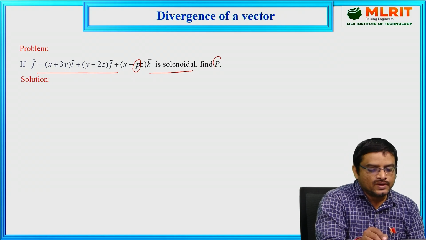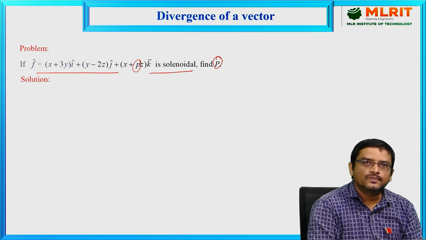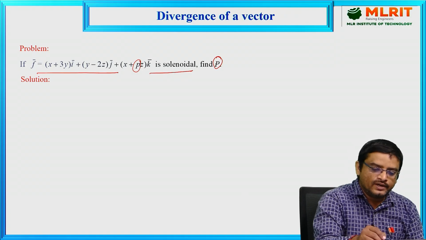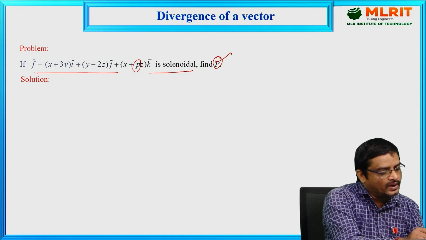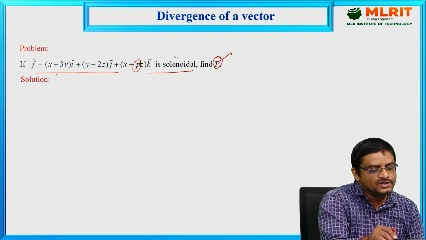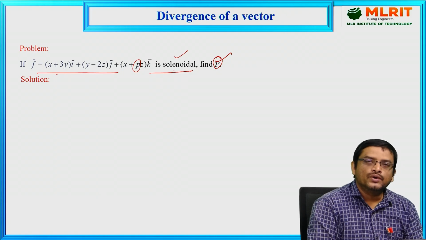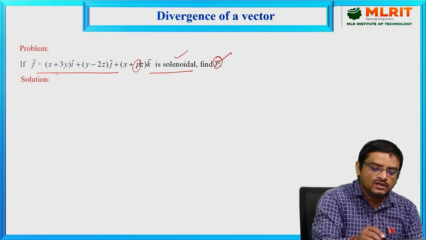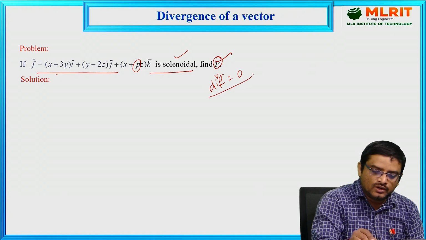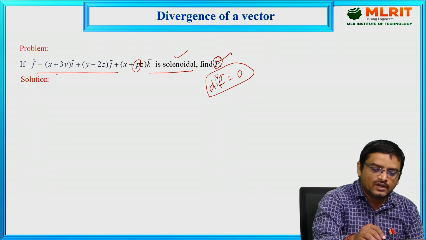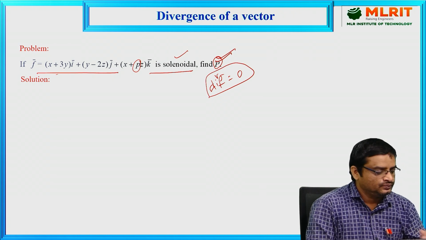Our task is to find that unknown parameter p. How can you say that the vector is solenoidal? If div f bar is equal to 0.